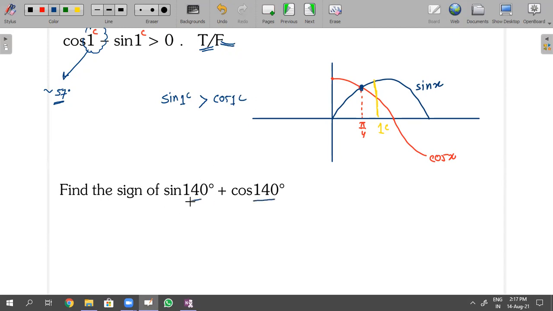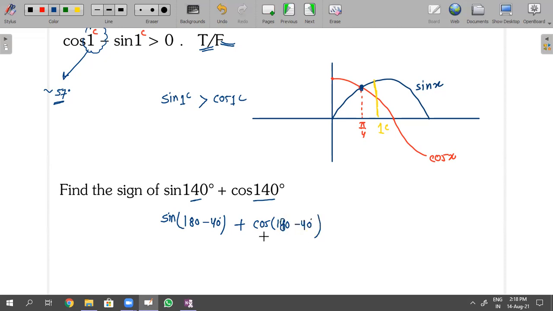There we need to get the sign of sine 140 degrees plus cosine 140 degrees. If you don't feel comfortable with 140 degrees, do your reduction, use your deduction formula, where you may write 140 degrees as 180 minus 40 degrees, and do the same with the cosine 140, 180, excuse me, minus 40 degrees.